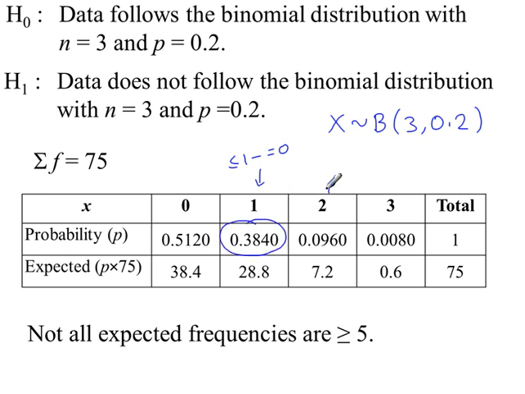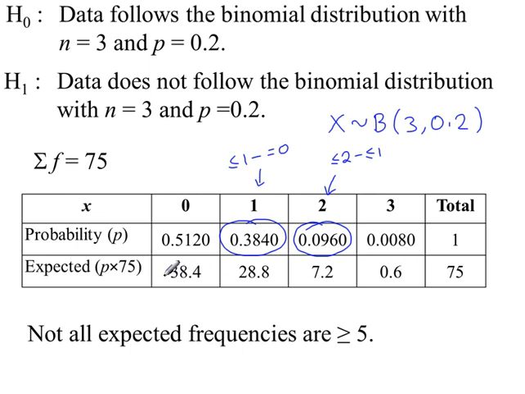And then for X = 2 it's P(X ≤ 2) minus P(X ≤ 1) from the tables to get this probability. An alternative way is to use the binomial formula. And then to get the expected values, we multiply our p-values with the total frequency, 75.